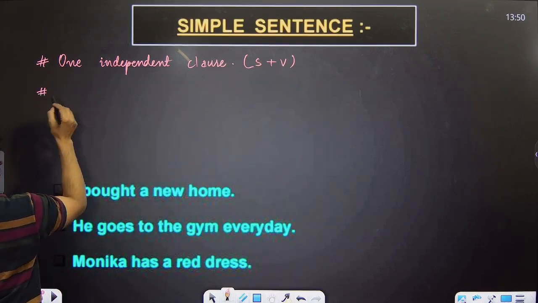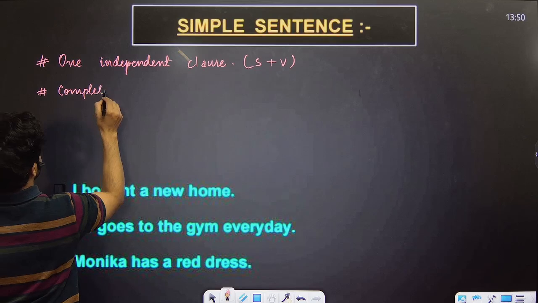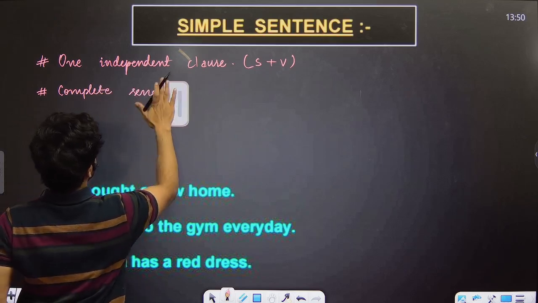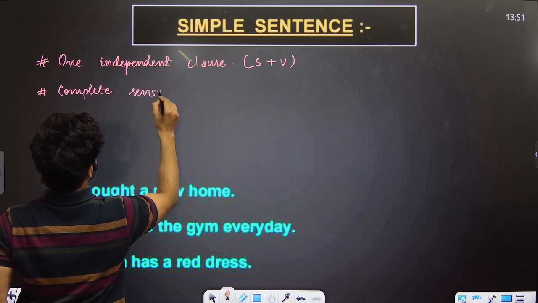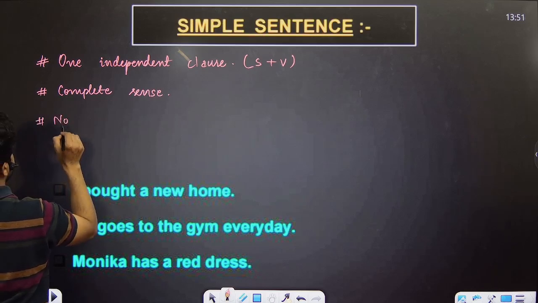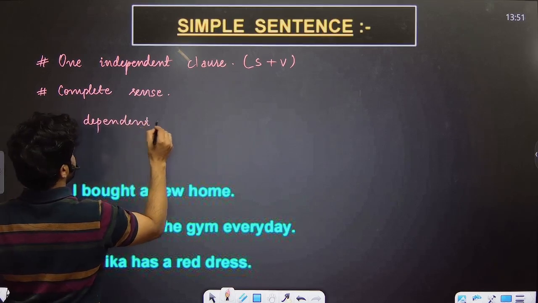They will have a complete meaning, and an absence of dependent clause. No dependent clause.